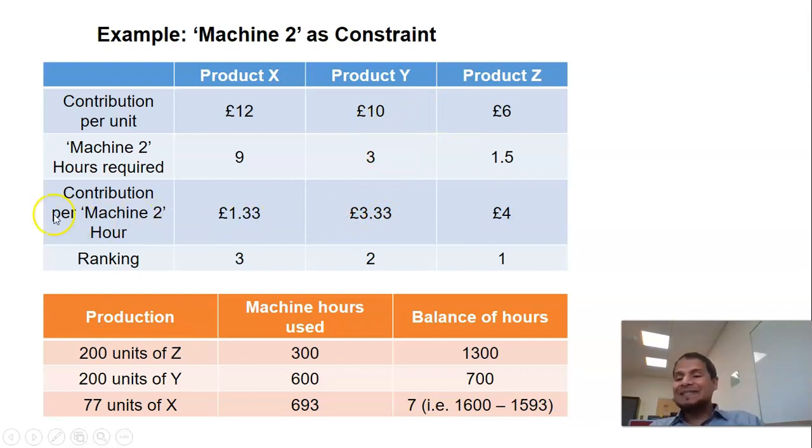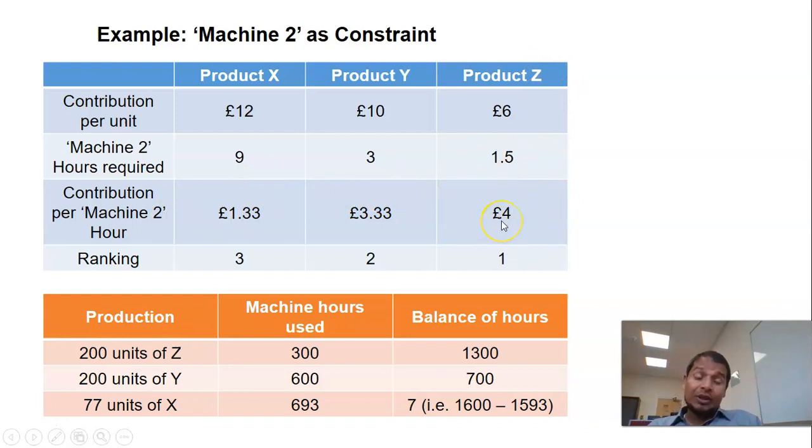So if you use 1 hour of machine 2 for product X, this is your contribution. If you use 1 hour of machine 2 for product Y, this is your contribution. If you use 1 hour of machine 2 for product Z, this is what would be your income.